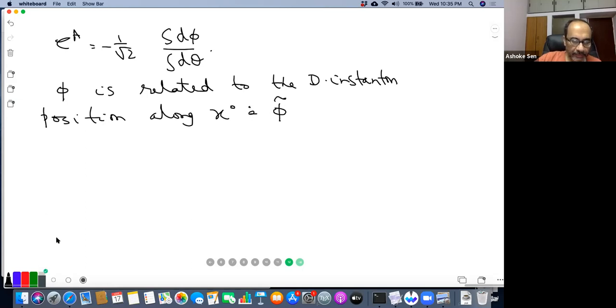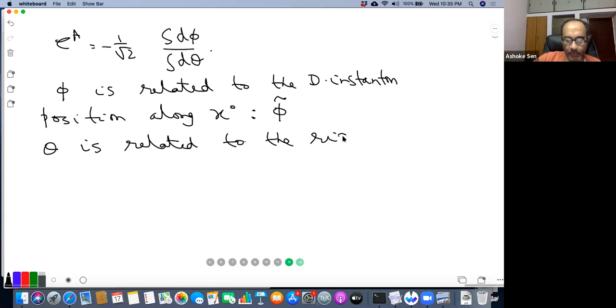We'll see that phi is not exactly phi tilde, but phi is related to phi tilde, and theta is related to the rigid U1 on the D-instanton.